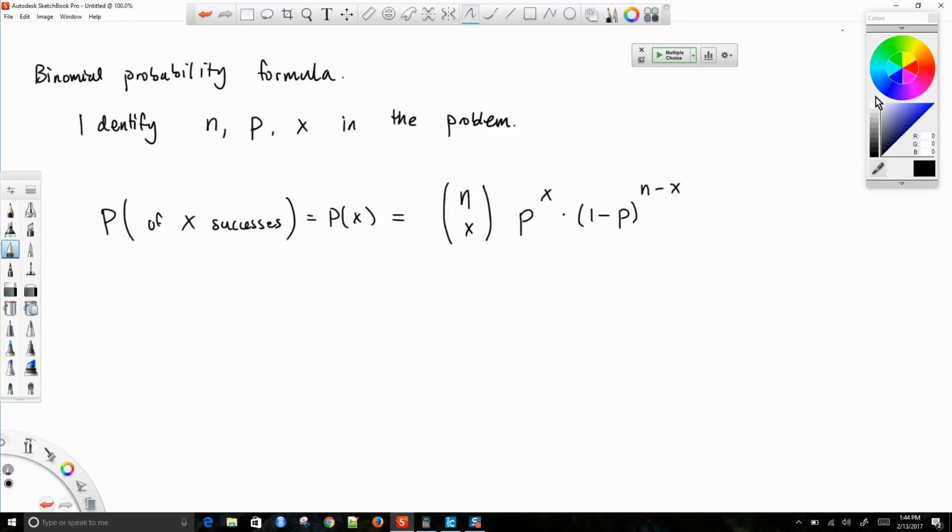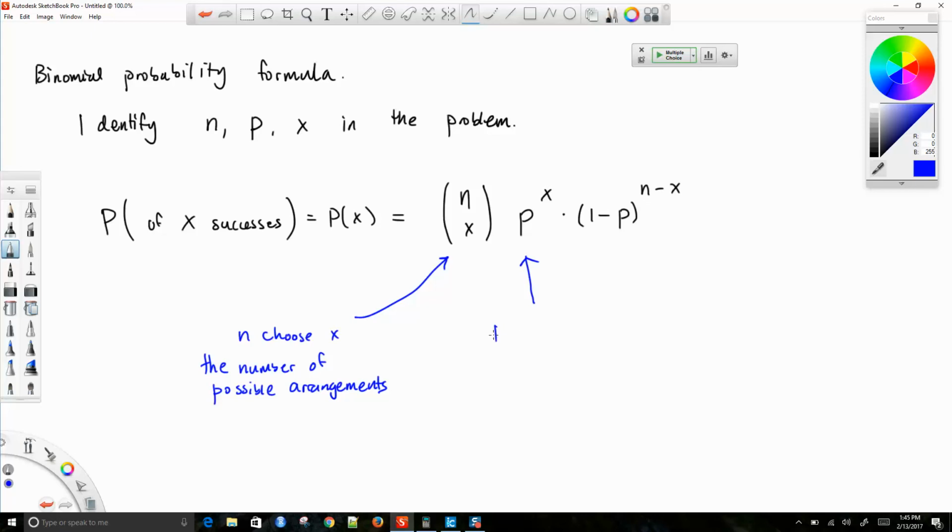So this is n choose x. This is the number of possible arrangements. This is p raised to the x.